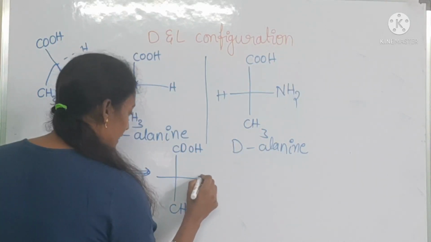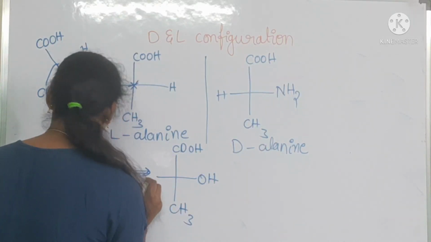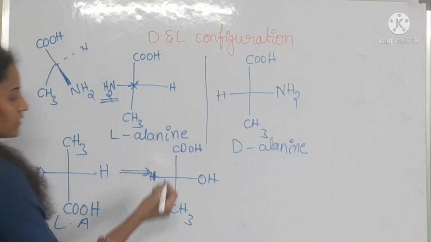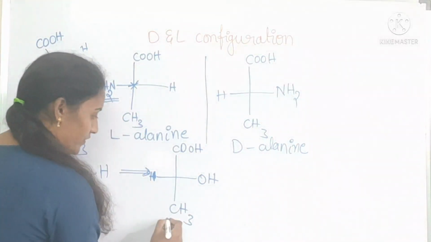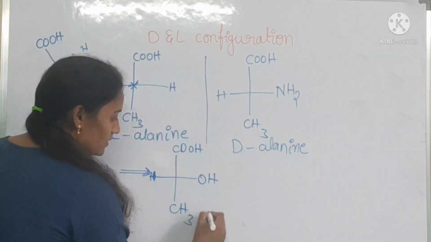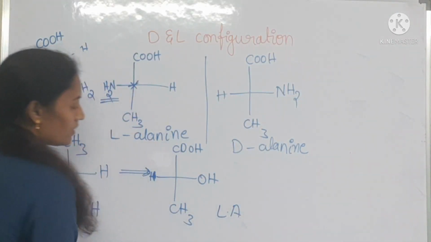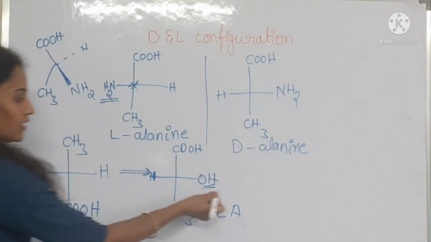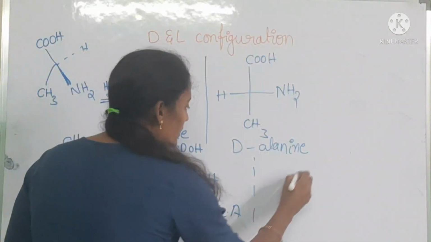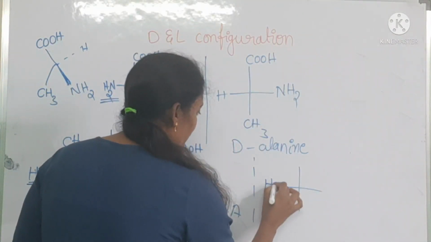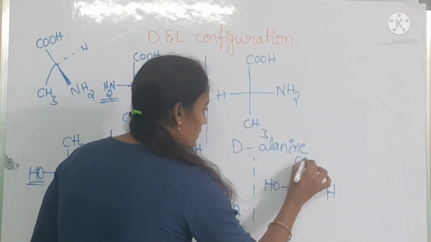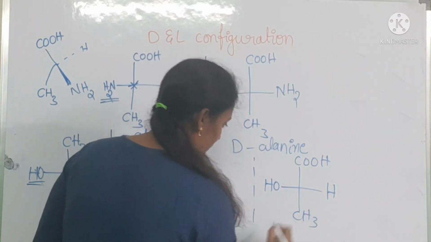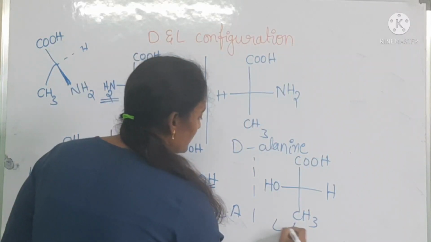The groups exchange their positions without disturbing their configurations. See, this is the Fischer form of lactic acid. Now you can assign it is D-lactic acid because OH is on the right side. Now you can take the mirror image of this one, that is L-lactic acid. See, this is L-lactic acid.